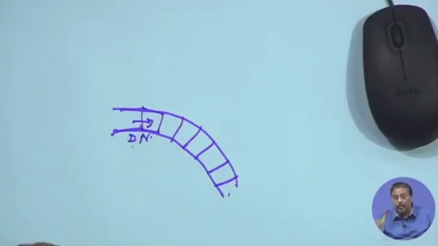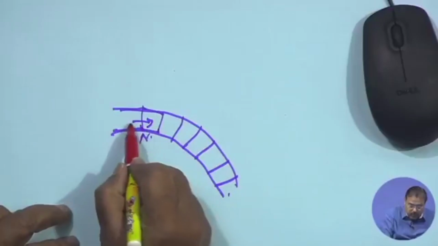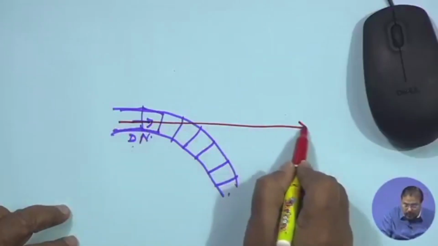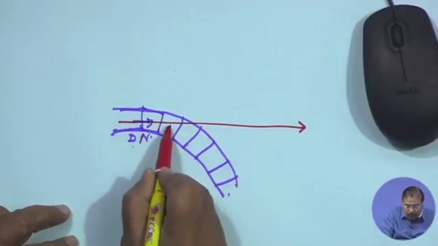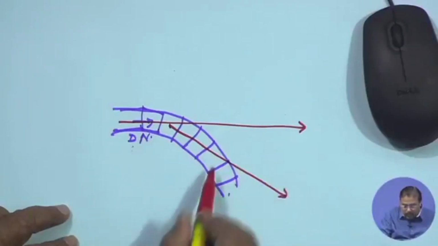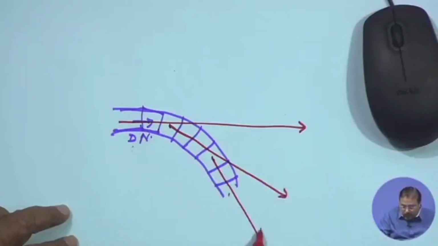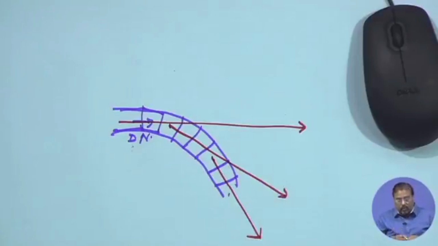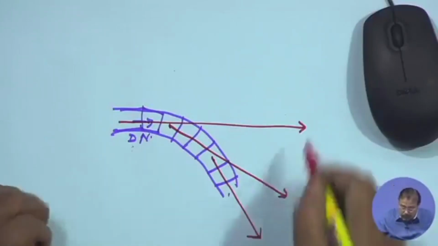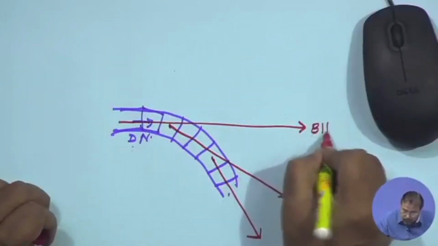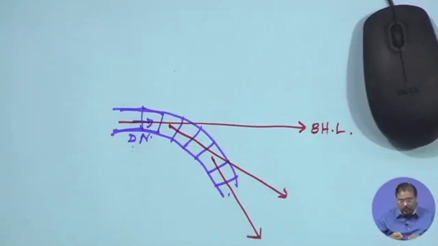Initially, with my red color, I will draw the body heading line. At this particular point, the body heading line is this. At this particular point, the body heading line is this. I think it is clear. It is the BH line, body heading line. Okay.